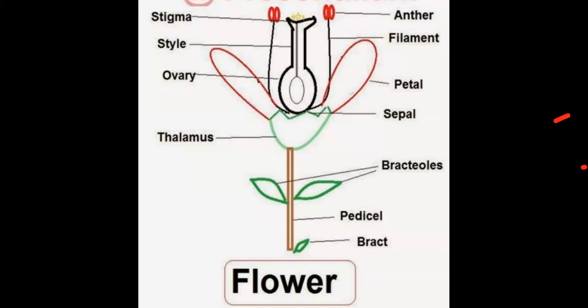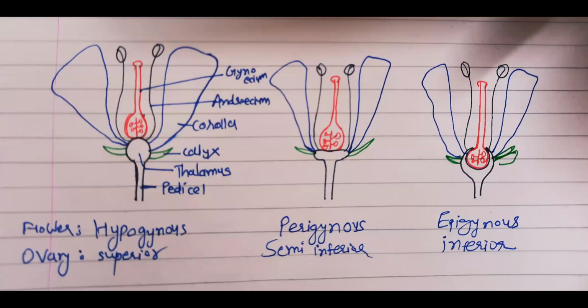Next classification of flower is on the basis of position of ovary. On the basis of position of ovary on the thalamus, with calyx, corolla and androecium also. So first, you can make out over here that this is the stalk of the flower, we call it pedicel, and if you remember, at the tip of the stalk is a swollen structure that we call the thalamus.